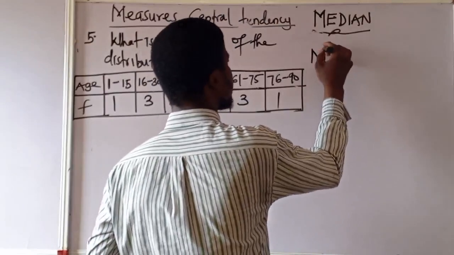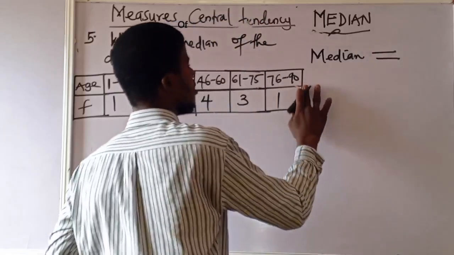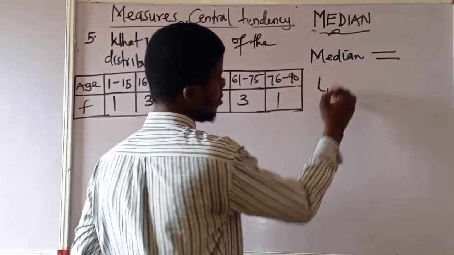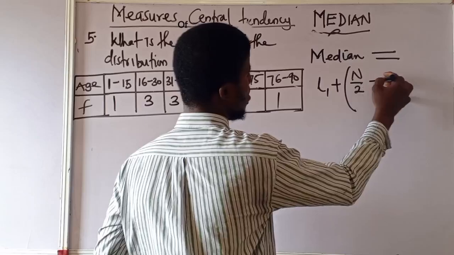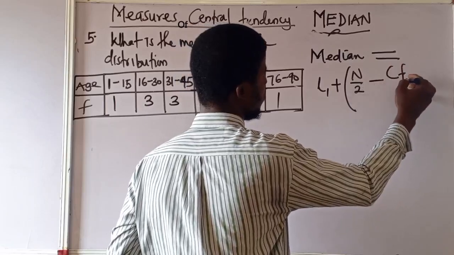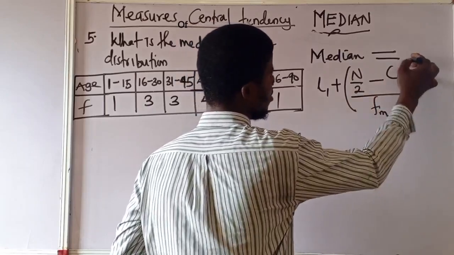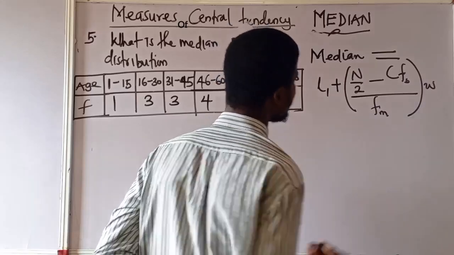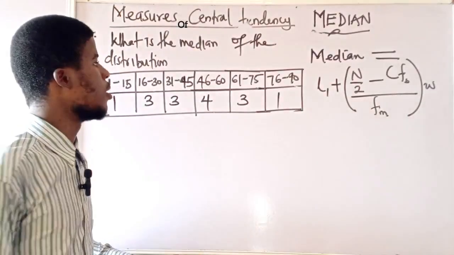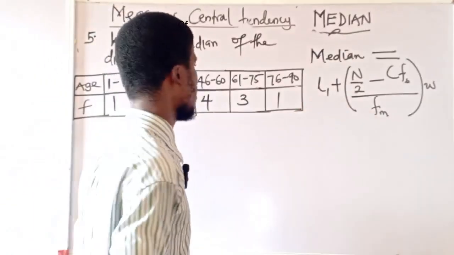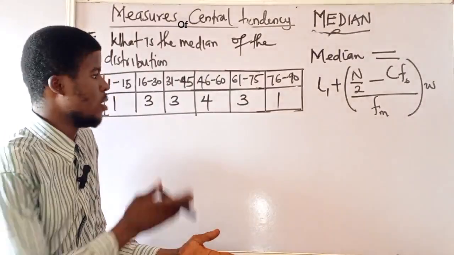Median is equal to L1 plus N over 2 minus CF sub B, all divided by F sub M, into W. And this is called the median interpolation formula. What does L1 stand for? L1 stands for lower class boundary.